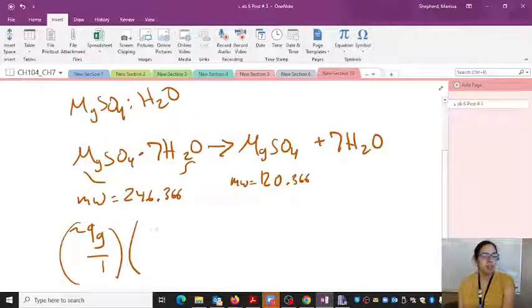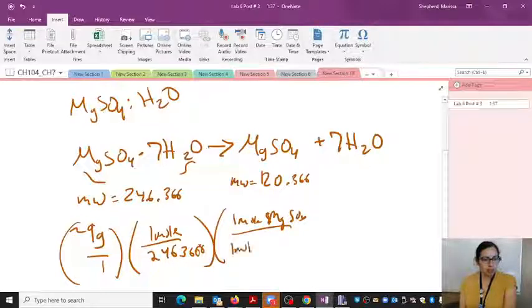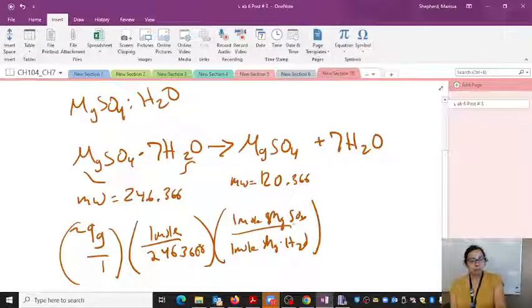I was telling people to go the full way. So 1 mole per 246 grams gives you moles of that. They're in a 1-to-1 ratio. Once we get moles of magnesium sulfate, we convert this back to grams.